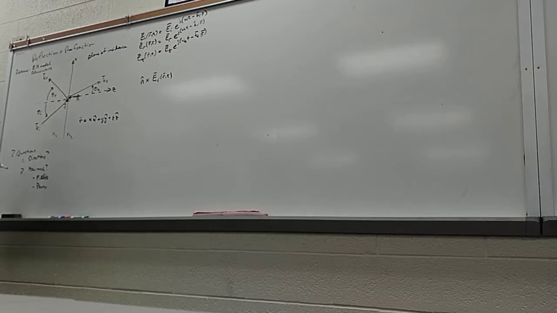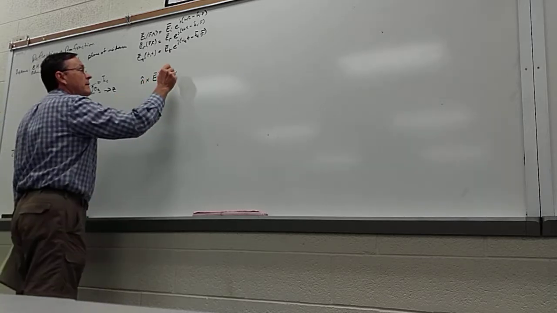All right, so what we need is that the total tangential electric field on the left-hand side is equal to the total tangential electric field on the right-hand side. So this is only part of the tangential electric field on the left-hand side. So what else do we need? We take the cross product with the reflected field. Yep.